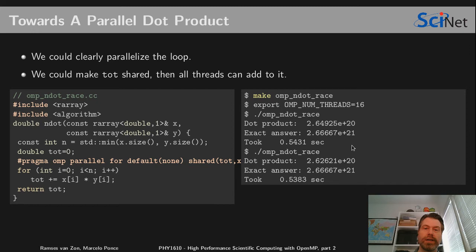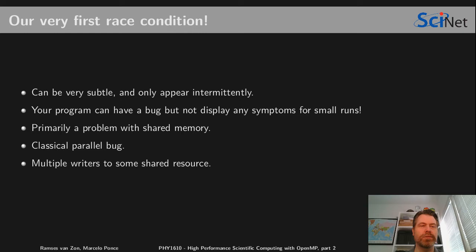Well, this is what's called a race condition, and here it's pretty clear, but it can often be very subtle and only appear intermittently. It means there's a bug, and by accident you sometimes get the right answer, except sometimes. And the bigger your problem is, the more likely you will get an issue like this.